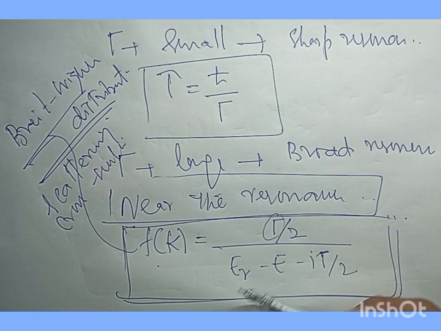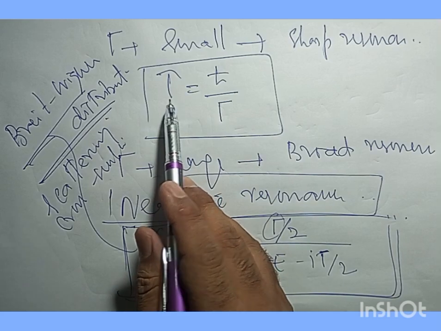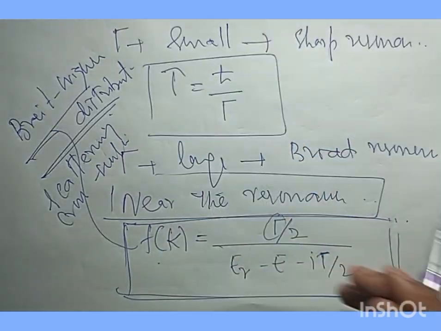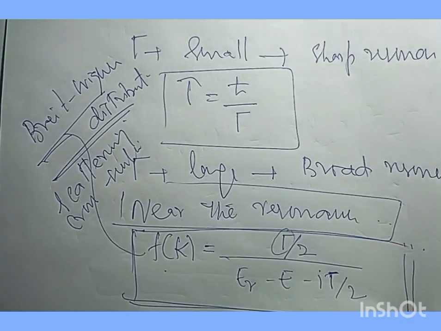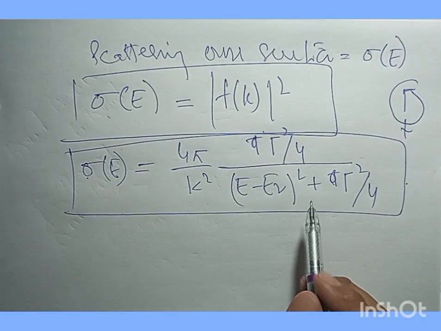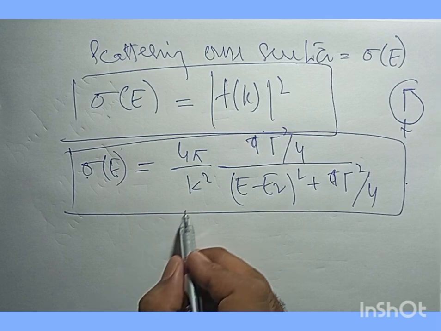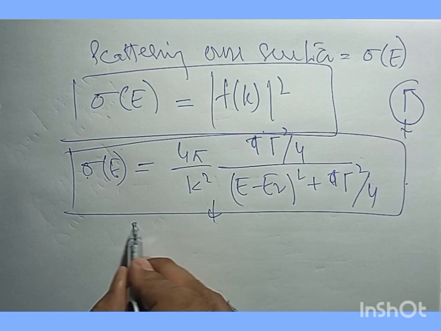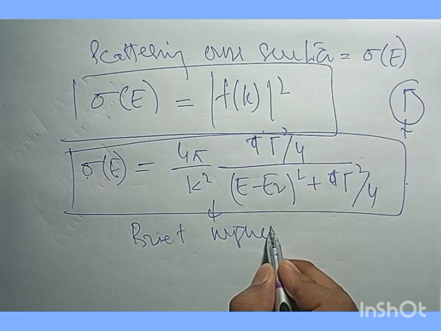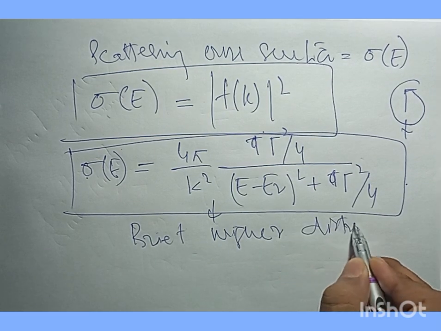And before that, we concluded our discussion on resonance scattering and obtained a relation between the resonance width and the time. So this equation is called the Breit-Wigner distribution.